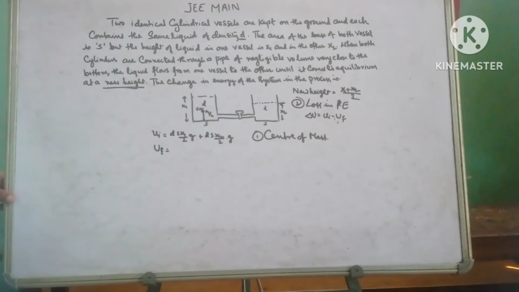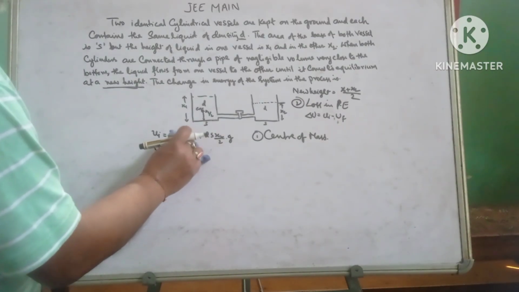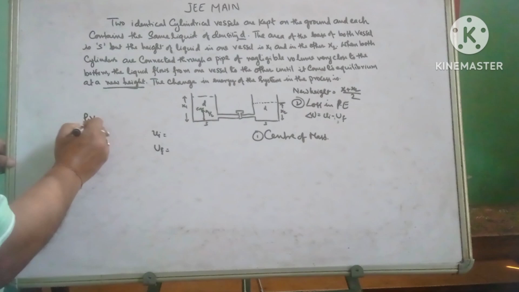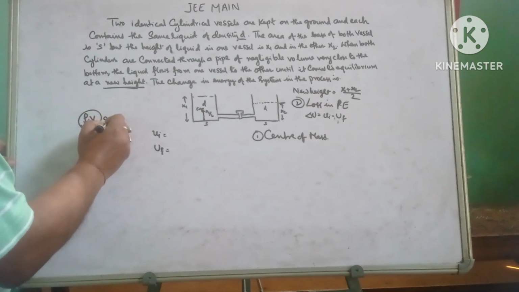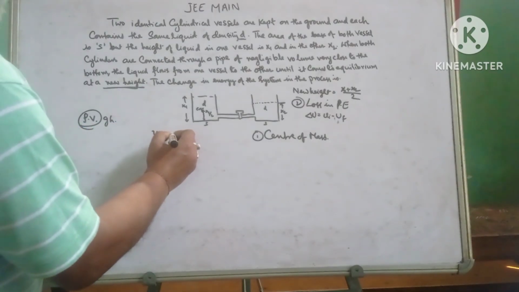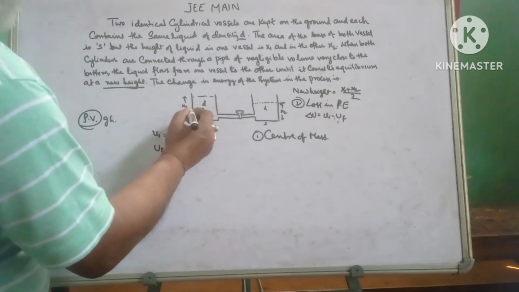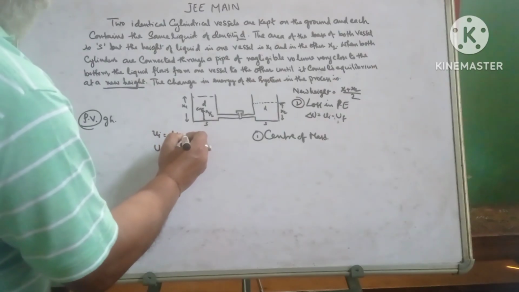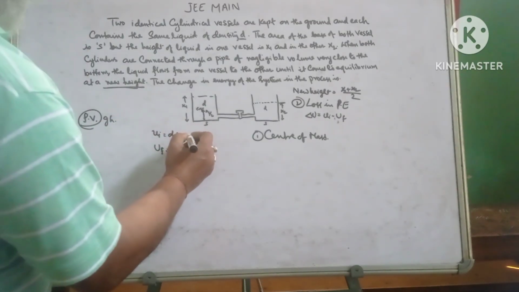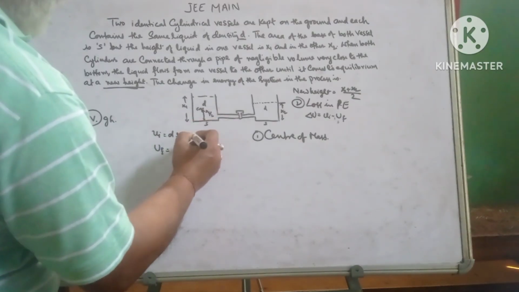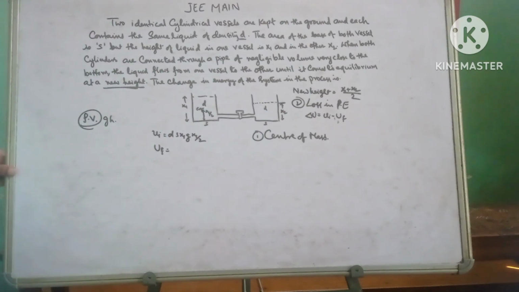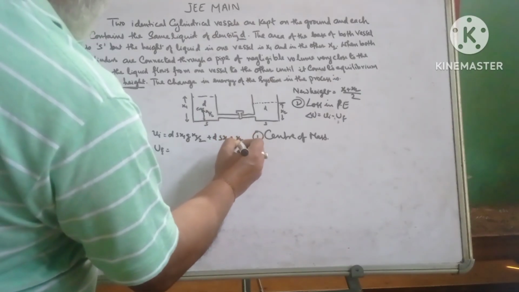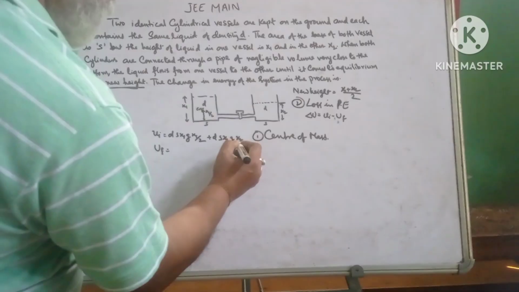There is a slight mistake here: density into volume is mass, so mass g h. Here the density is d and the volume is area S times x1, this is the mass, and h is considered from the center of mass, that is x1 by 2. Similarly, d S x2 g x2 by 2.